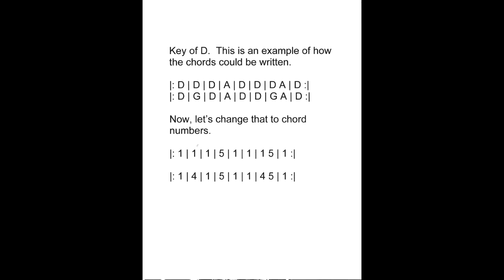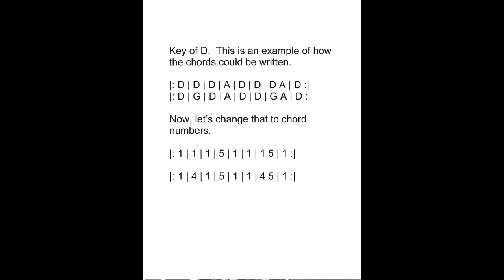Now, let's change that to chord numbers. Since we're in the key of D, the D would be 1. So every D is a 1. When we see A, we know that A is 5, so we put a 5 in there.